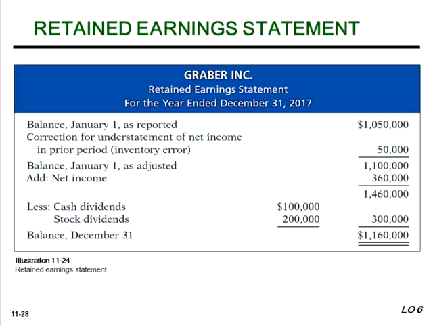So we'll subtract the dividends of $300,000 from the subtotal of $1,460,000, and we'll have an ending balance for retained earnings of $1,160,000 for the year ended December 31st, 2017. You will be expected to prepare the retained earnings statement as it appears in this slide.